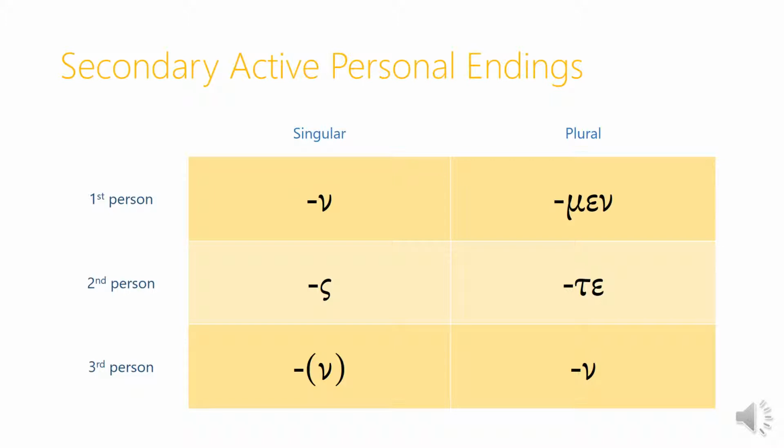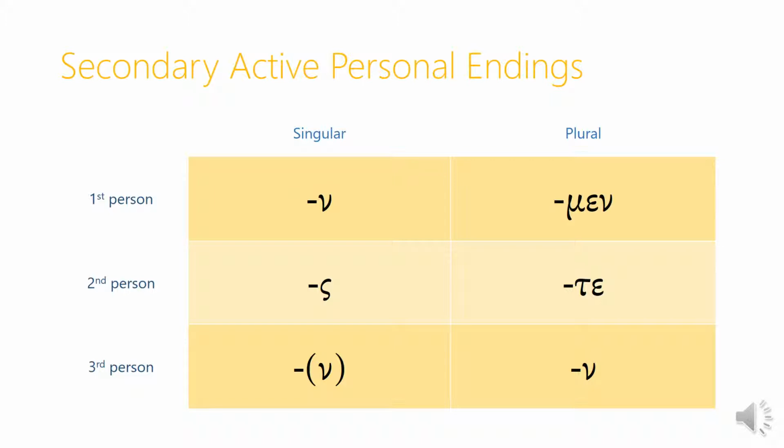Our secondary active personal endings, as we saw when we looked at the aorist active indicative, go like this. In the singular first person, it's a nu, and it's also a nu in the third person plural. So the first person singular and third person plural are going to look the same.